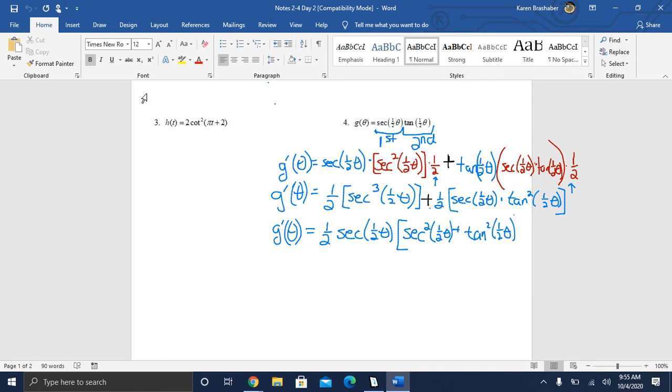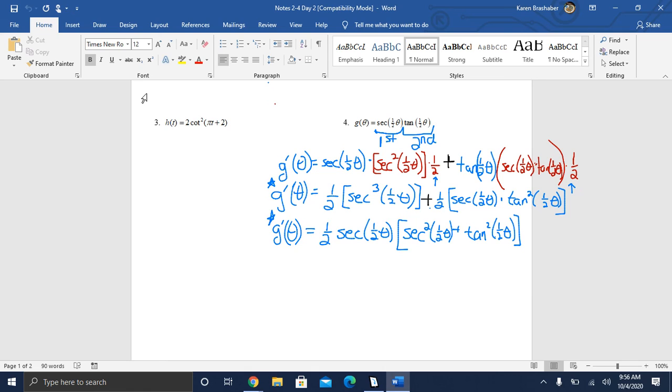And down the road, there might be things that you could do with that, but we'll leave it like that. So that's a factored version of that final answer. Either of these last two lines would be acceptable. So you can leave it in either one of those forms.